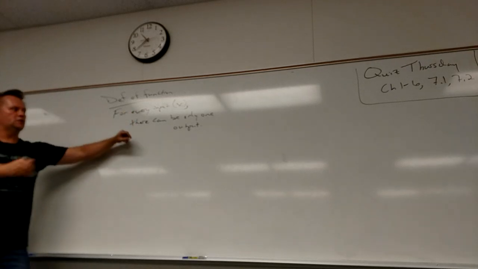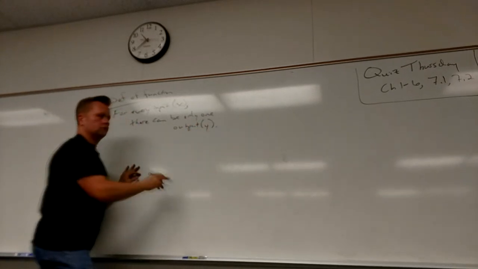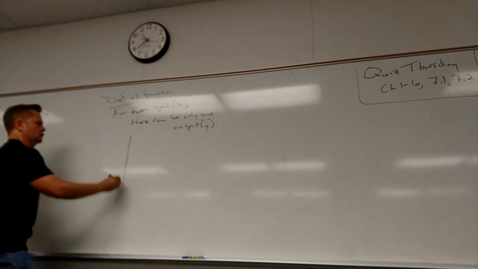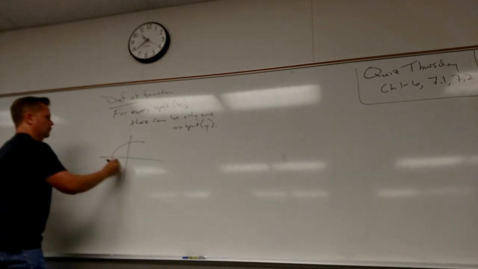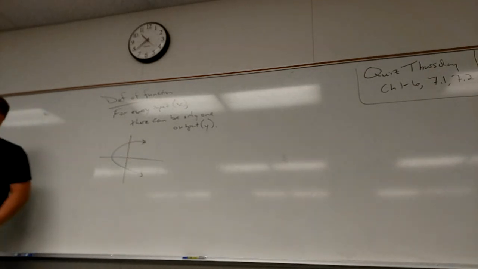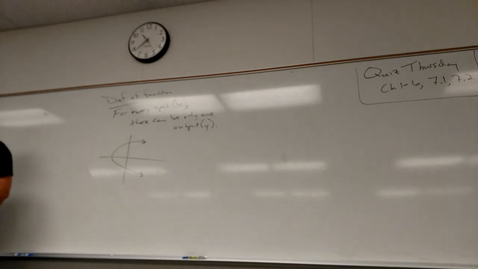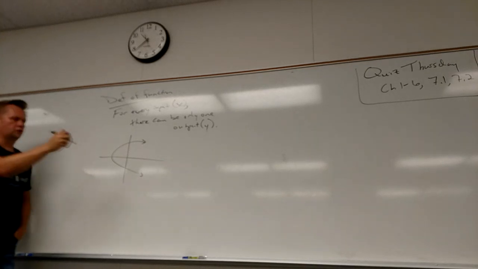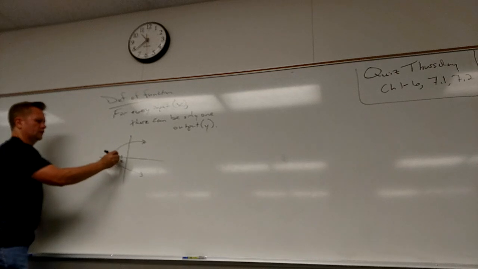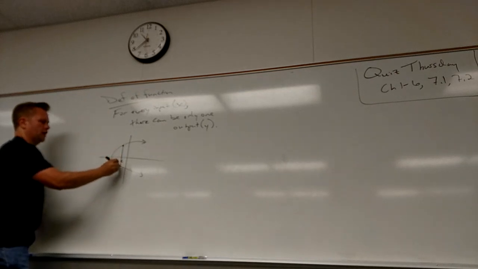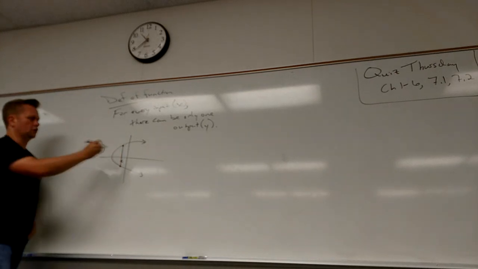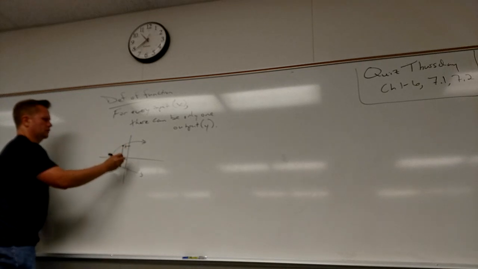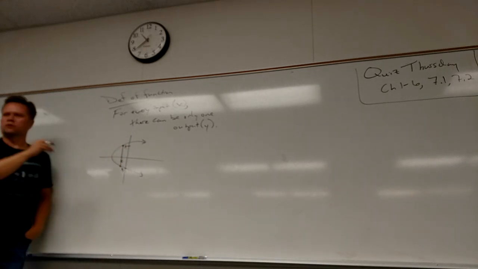This definition, and of course the outputs are normally y's, directly leads to the idea of the vertical line test. Why is this not a function? Well, for this input, there is more than one output. It goes to this y, and it goes to this y. Do you guys see that?